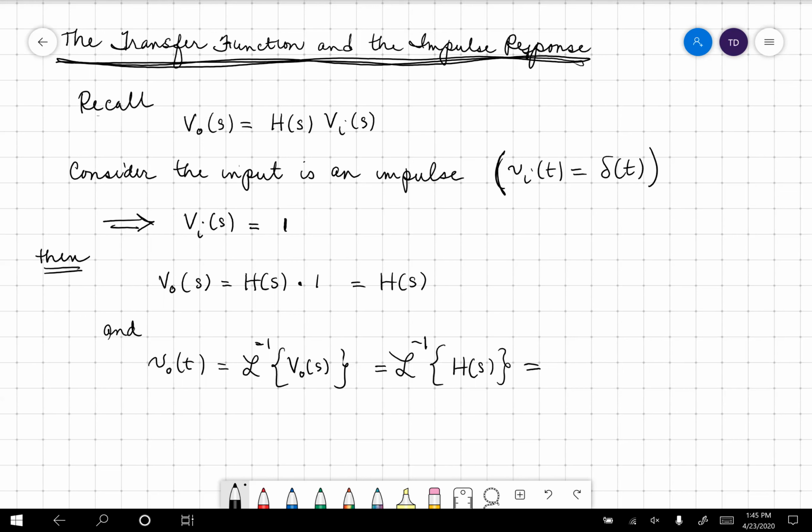Lowercase h of s. Oh, so close. Somebody help Jack. Lowercase h of t. Oh, Jack, you helped yourself. H of T. And H of T is called the impulse response.